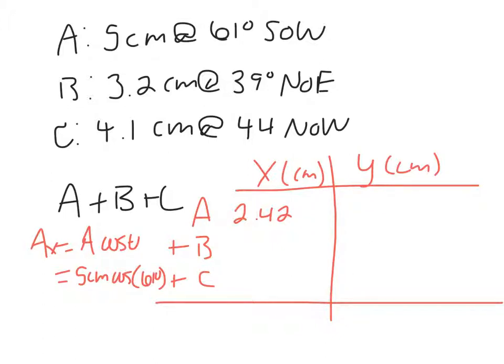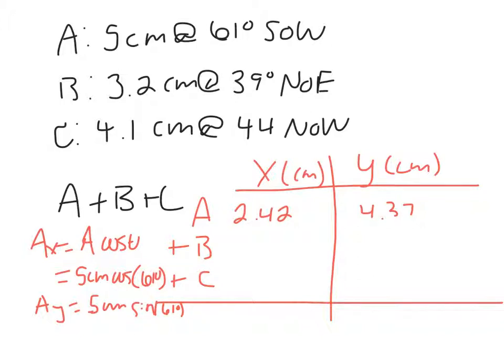The y component, AY, will equal 5 centimeters times the sine 61 degrees. So 5 sine 61 equals 4.37 rounded centimeters.